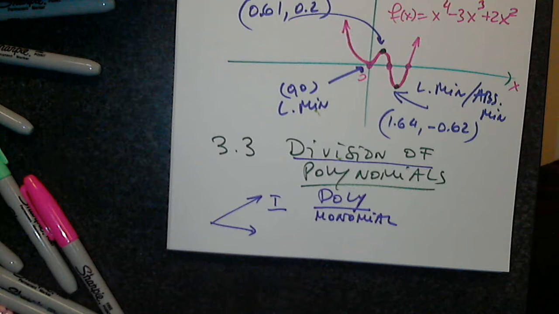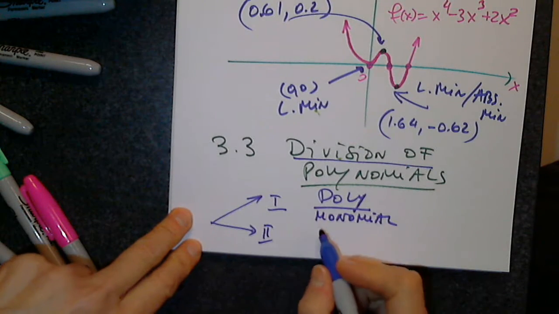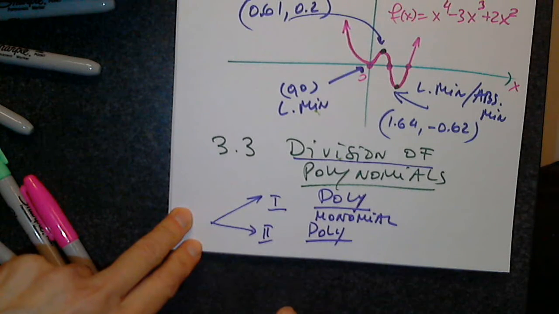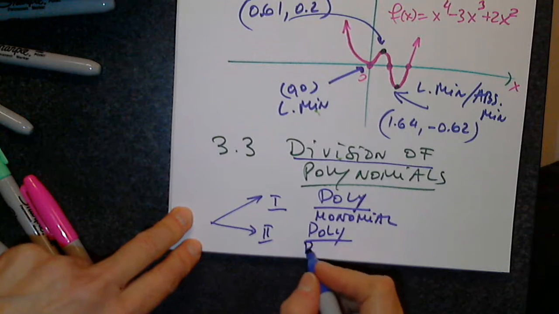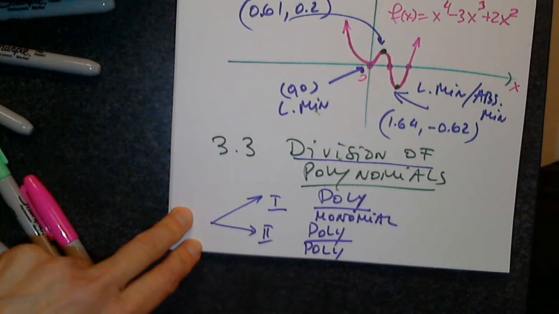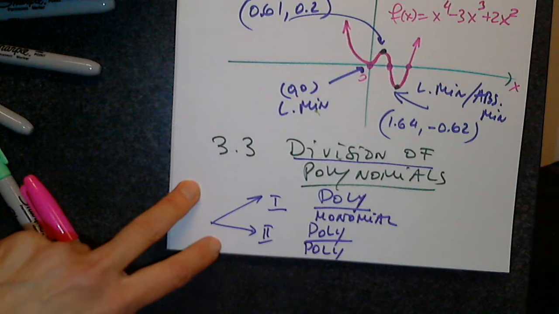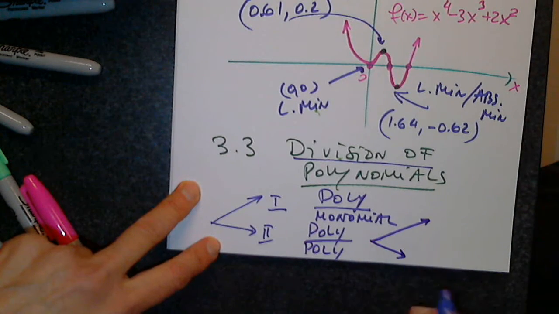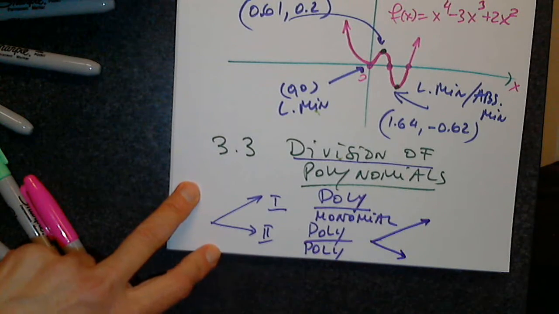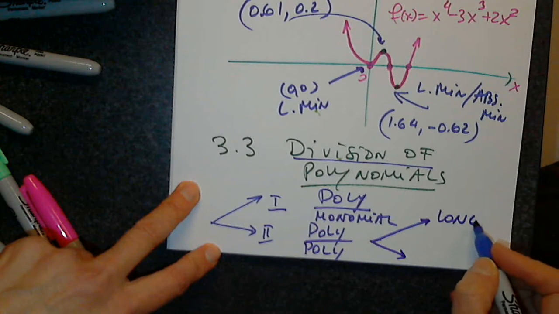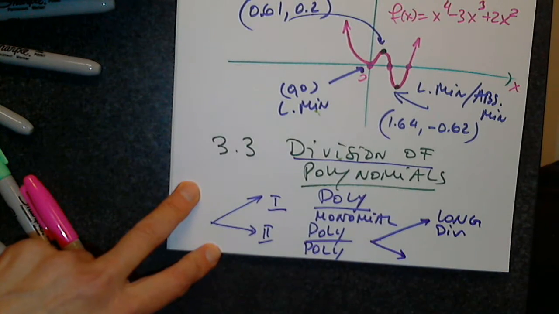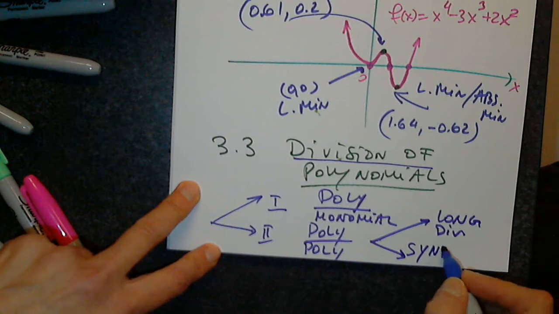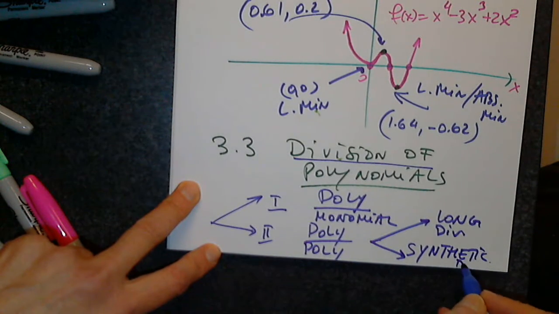Okay, so let me list the other category, in which I have a polynomial divided by a polynomial. Here there are two categories: long division and synthetic division.